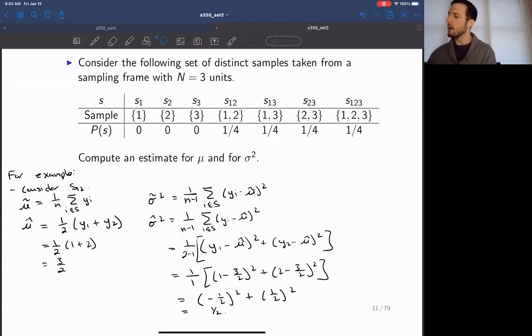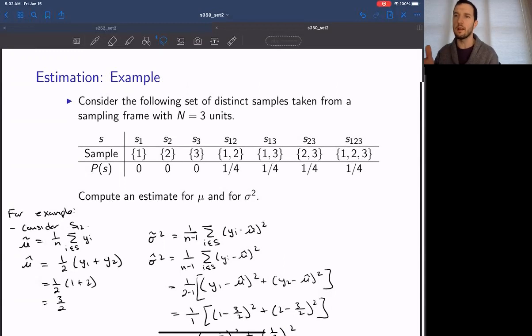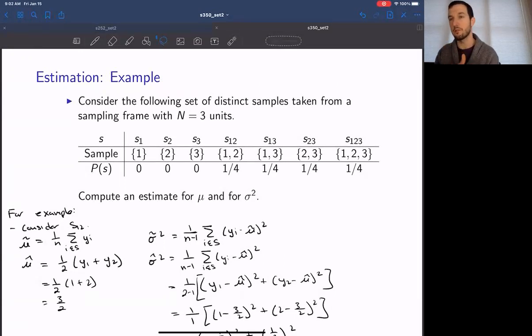Last class, we finished up lecture set 1 and moved into lecture set 2. At the start of lecture set 2, we described what probability sampling is in a very general case. We said, imagine that you have a population or a sampling frame with capital N units, and then consider all of the different samples that could be collected from that frame.